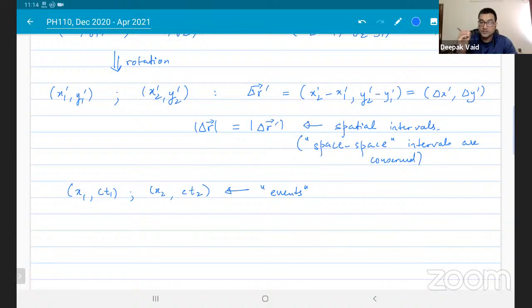So for instance, if a light bulb flashes, if there's a flash of light, then I am the observer. I will say this flash of light happened at some position x and at some time as seen by me, right? So this flash of light happened 100 meters south and at the time, let's say 10:30 a.m. in whatever my local time is.